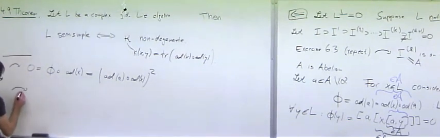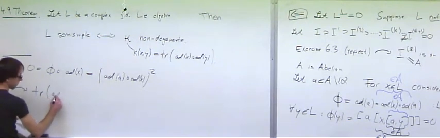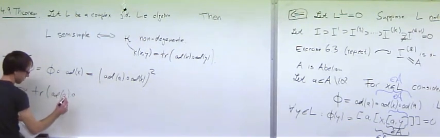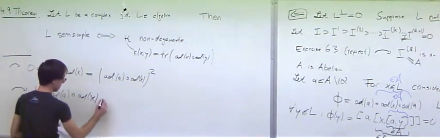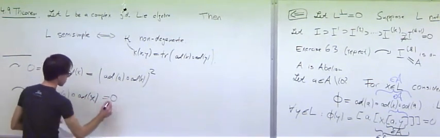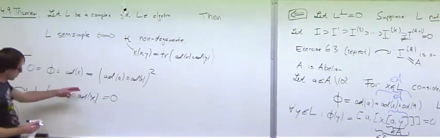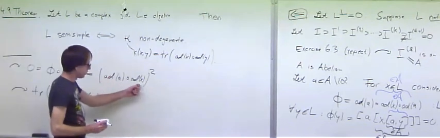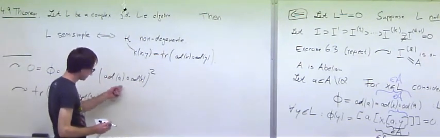And from this I claim that it follows that the trace of ad A times ad X is 0. Why is that so? Think about the Jordan canonical form of this composition.